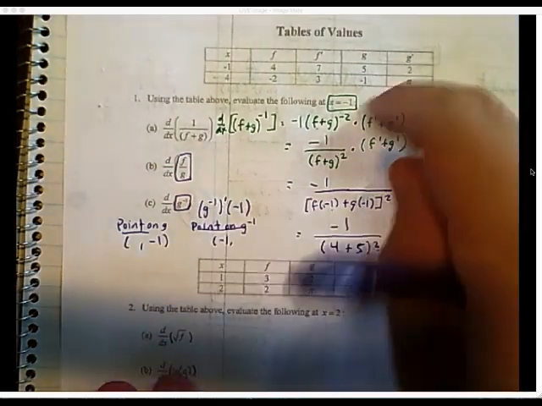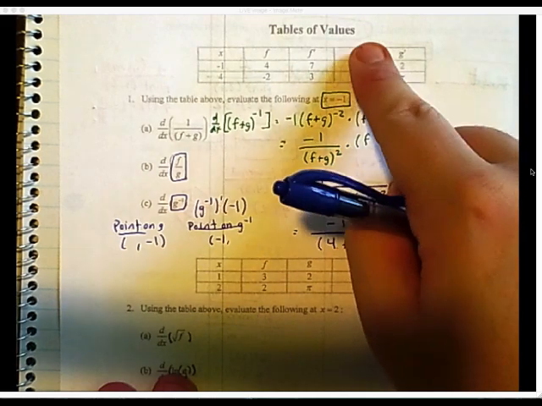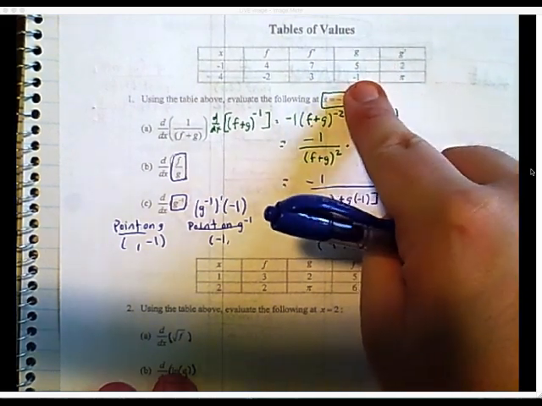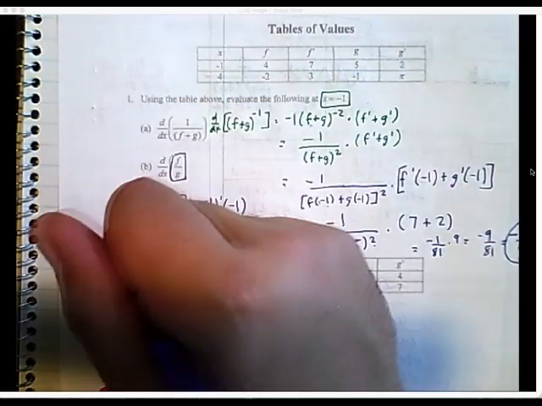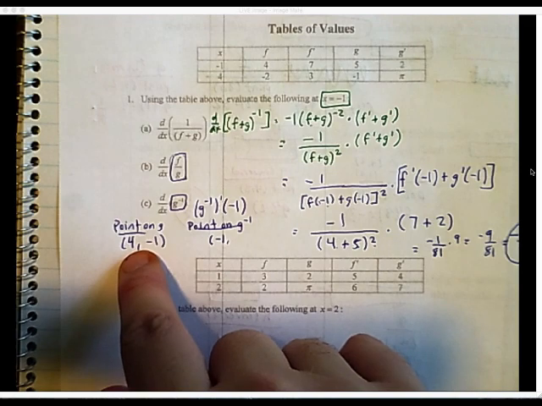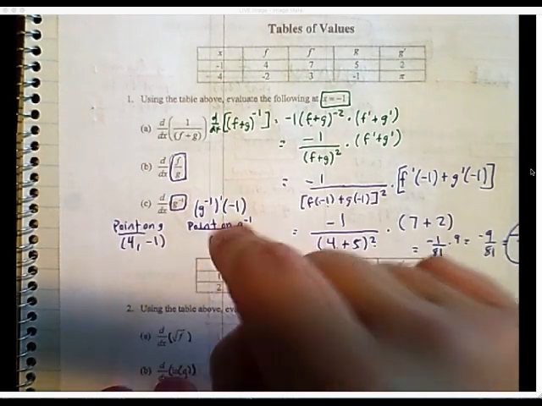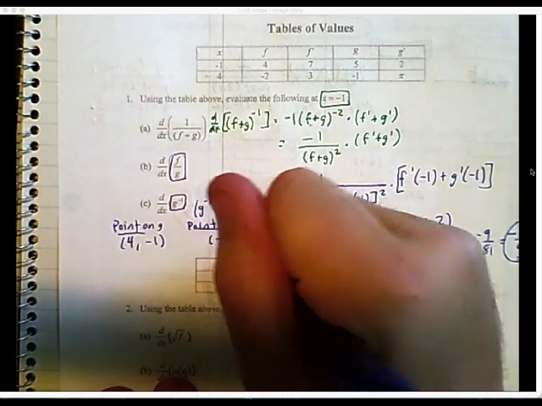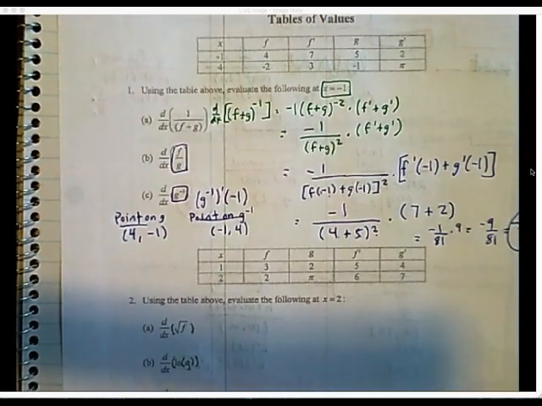So look at these values here. Which one has a y value of negative 1? It's right there. That comes from an x value of 4. So if here the x value on G is 4, that means the y value on G inverse is 4.